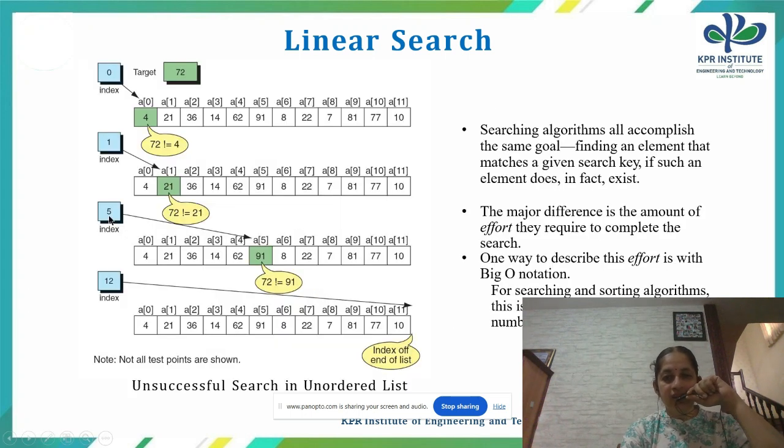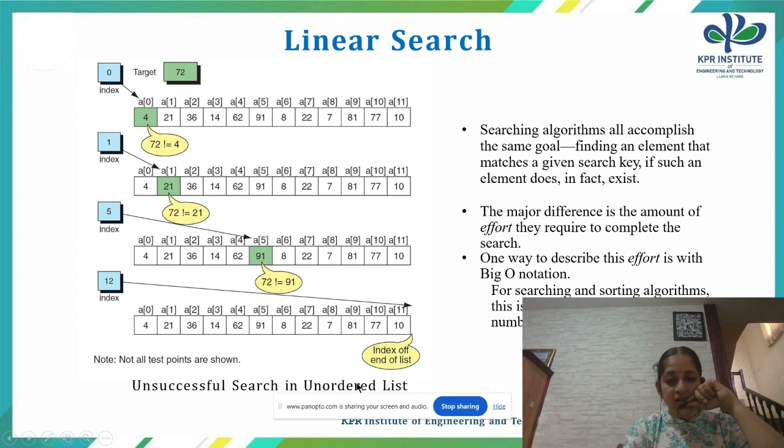This is an example of linear search where 0 is the index and the target is 71. You start searching index 1, index 2, index 3, index 4, and index 5, every element up to the end of the list.